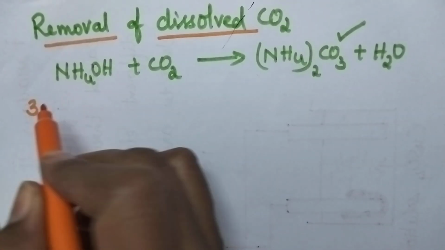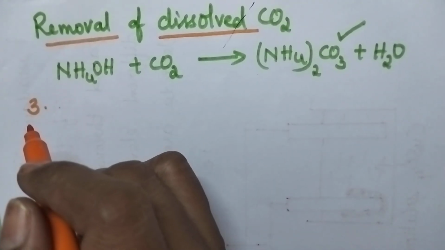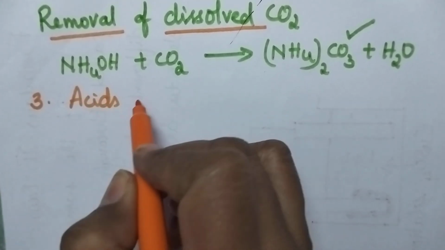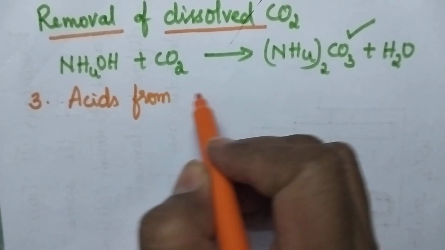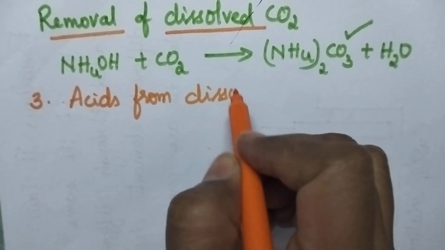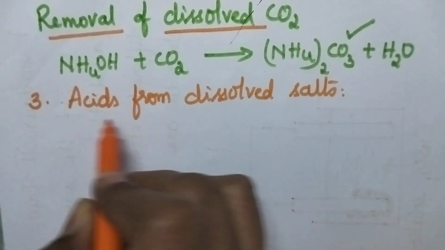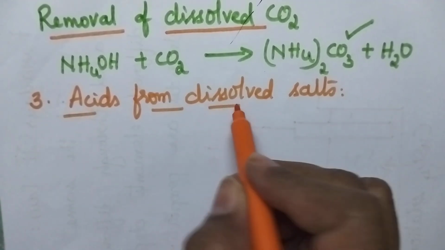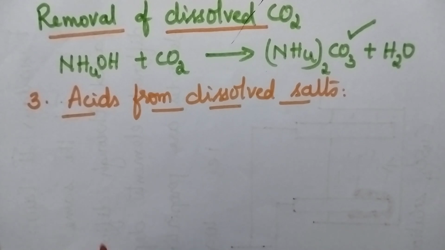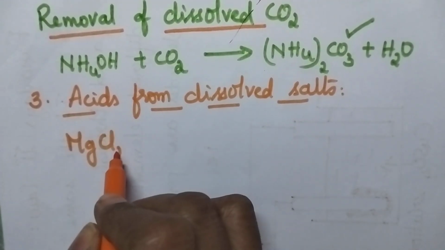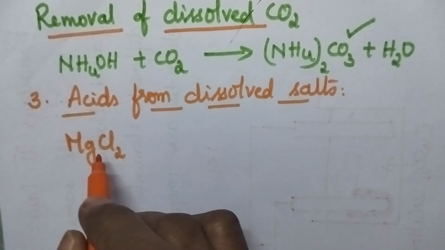And the third major reason for boiler corrosion is the formation of acids from dissolved salts. Dissolved salts means especially the salts which are responsible for the hardness. For example, when we consider magnesium chloride, undoubtedly it is responsible for the hardness.